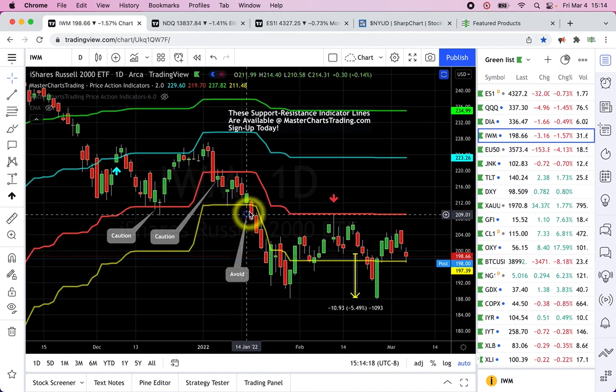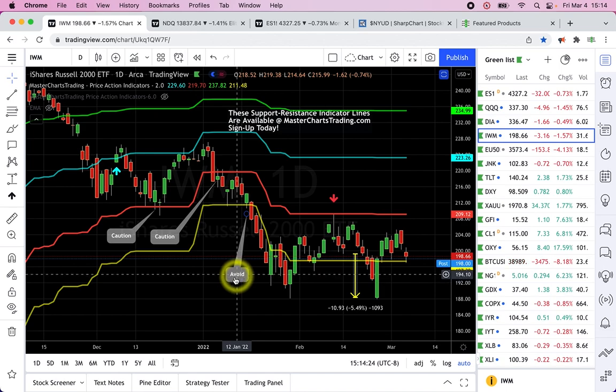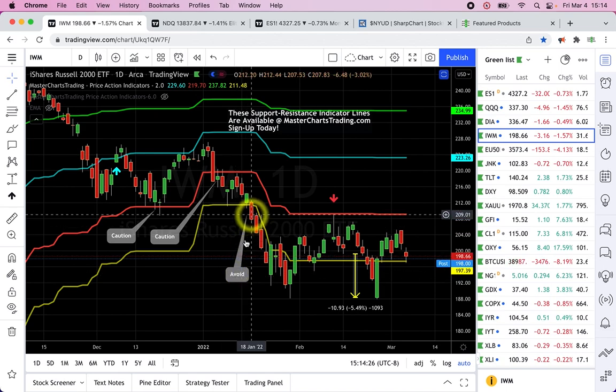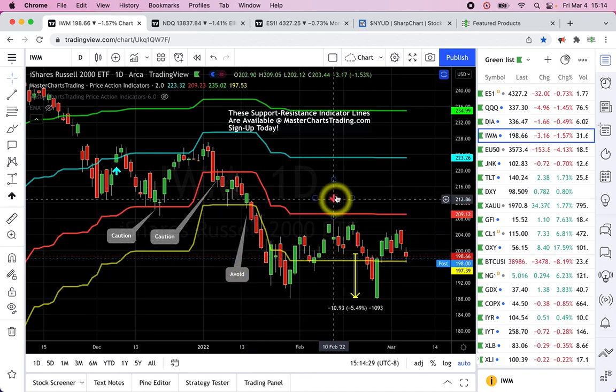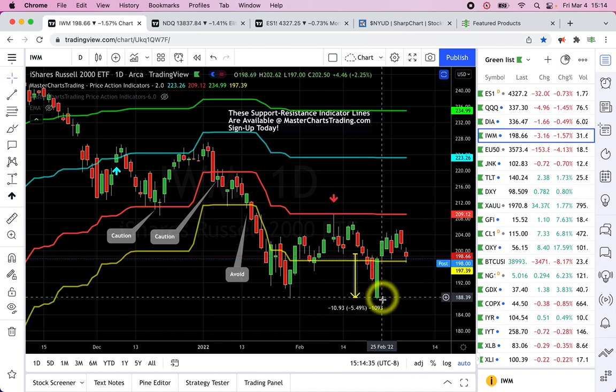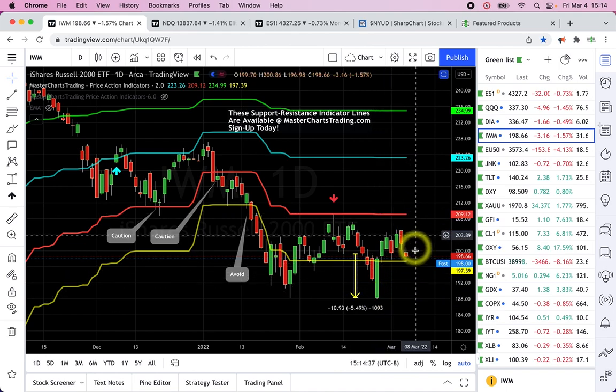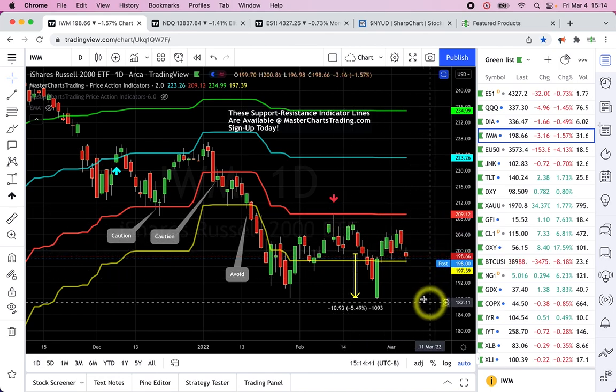Notice that the bear market for small caps actually started here in January, 18th of January. At that point, I sent an avoid alert. Notice right there, avoid. If you're sophisticated and savvy, you could have bought puts right there on 10th of February or outright shorted it. You would have been already in profit. And probably I'll just keep holding this short.